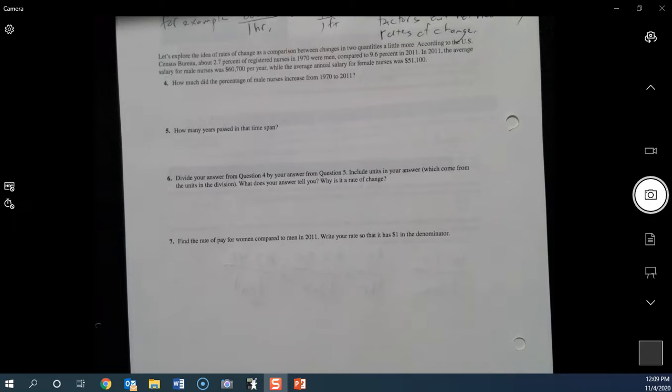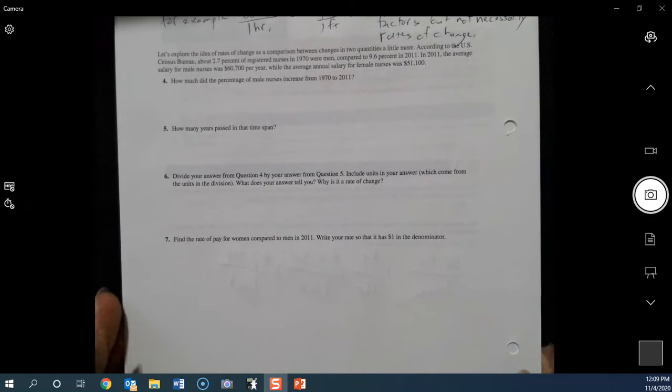In 2011, the average salary for the male nurses was $60,700 per year, while the average annual salary for female nurses was $51,100. How much did the percentage of male nurses increase from 1970 to 2011?